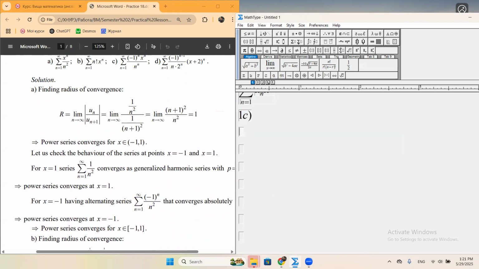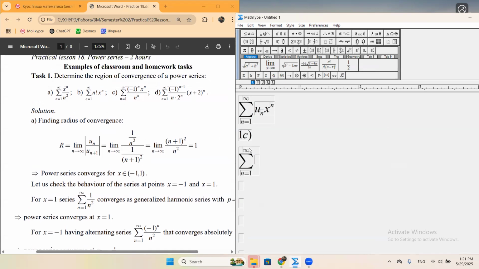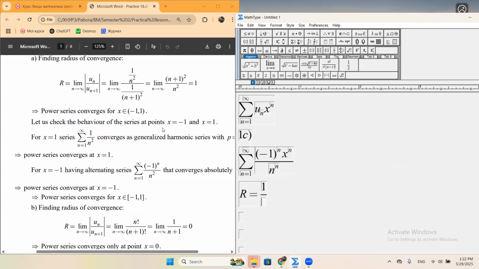By the way, let's look into exercise 1c. Here is the following series: (-1) to the power of n, x to the power of n, over n to the power of n. In this case, how do we find the radius of convergence? We will use something similar to the radical Cauchy test.